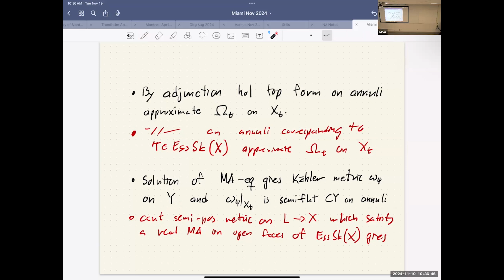Then what's needed, and what Yang uses, is that he approximates this continuous semi-positive metric by Fubini-Study metrics. So this gives a Fubini-Study approximation on X_t, which are in this case approximately semi-flat Calabi-Yau on annuli.